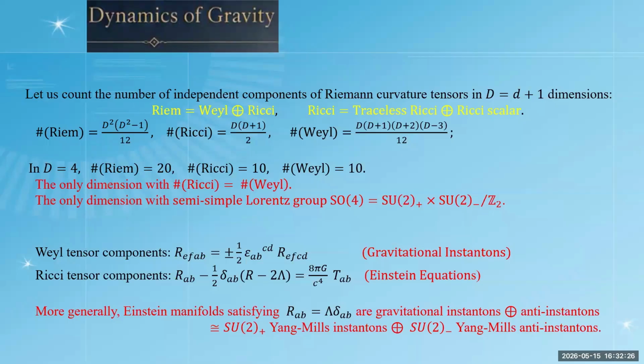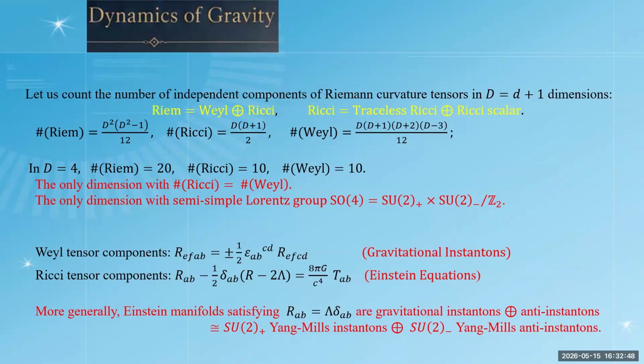Okay, so let's count the number of independent components of the Riemann curvature tensor in d dimensions. We have to consider the first Bianchi identity, because the first Bianchi identity gives us the linear relation between Riemann curvature tensor components.